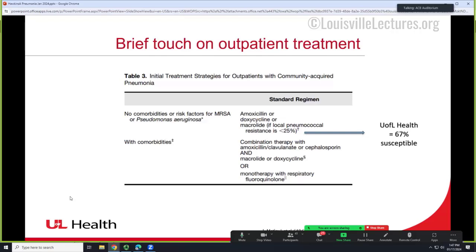These are evaluating monotherapy. So this is not saying amoxicillin plus doxy or macrolide. It's saying amoxicillin or doxy or a macrolide, which is why you might have gotten a Z-Pak as a kid when you had possibly a pneumonia. Strep pneumo resistance rates weren't that high yet, but we just shouldn't be using macrolides alone in our specific community. You might go somewhere else where it's wonderful, we have great strep pneumo susceptibility, but here in Louisville we don't.